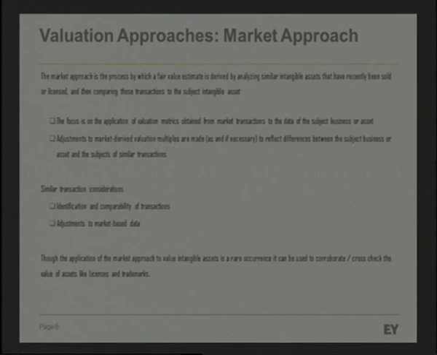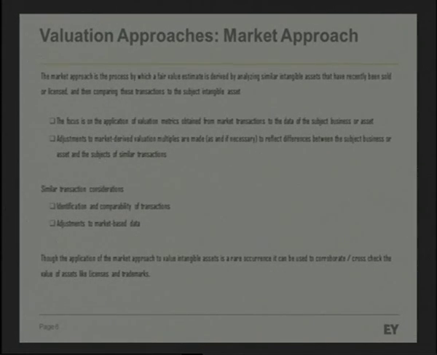Now, as simple as that seems, it's difficult to find exactly closely comparable intangibles or intellectual property rights. This particular market approach may be applicable in case of licenses and certain trademarks.